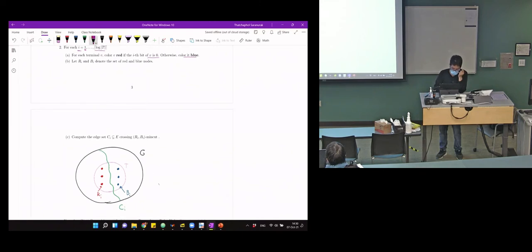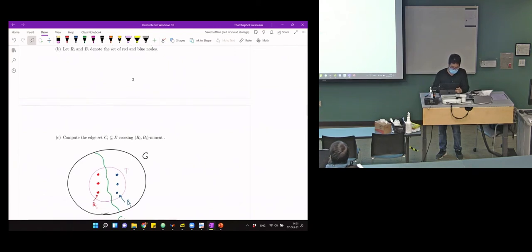So half become red, half become blue. And you just compute the min cut separating red and blue. Let's say Ci is the set of edges crossing this min cut.